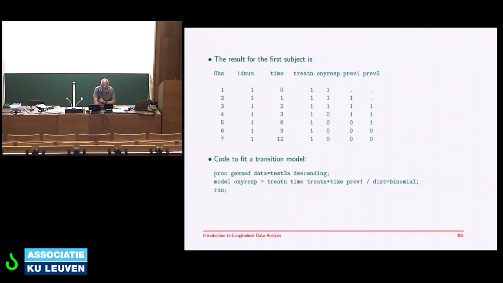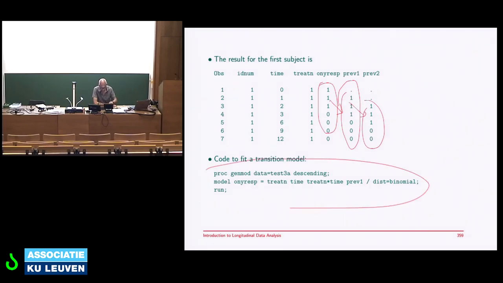Okay, so this is what it's going to look like for the first subject, as I was informally indicating. So, for example, you see the previous outcome, which is this entire sequence, but then coming down one level. And then you bring it down another level to go to the previous outcome, etc.